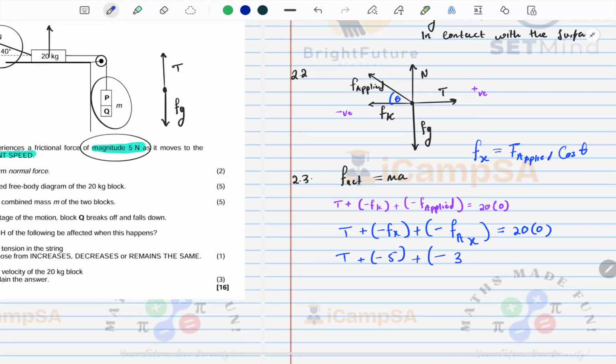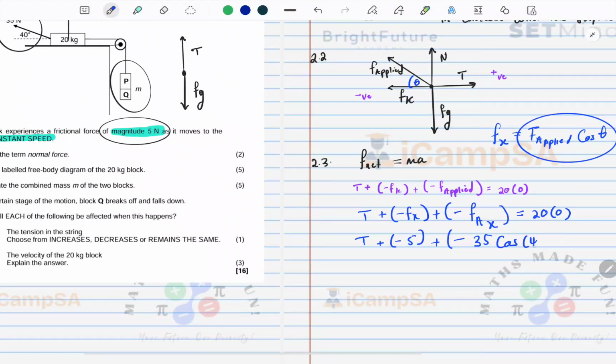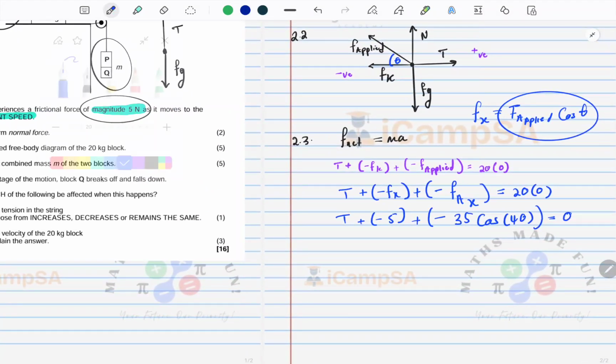So I'm now substituting here: 35 cos theta, where theta is the angle in between, which is 40, and then equals 0. Once you are sitting here, you can easily manipulate this or just punch your calculator, and you're going to get what T is. So I get T as 31.81. Okay, this is tension.